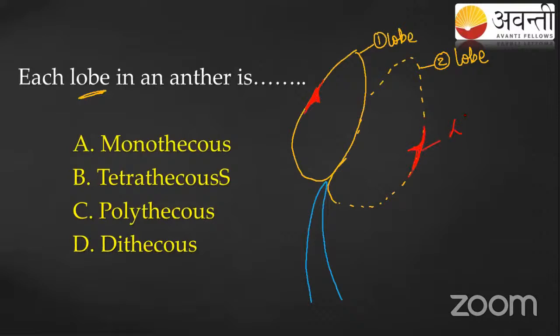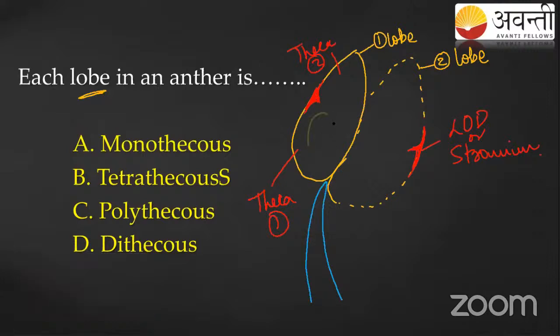This is a line of dehiscence, also called stomium. Now this part is one theca. This line of dehiscence is separating the two theca. This is theca number 1, this is theca number 2. So 2 theca.